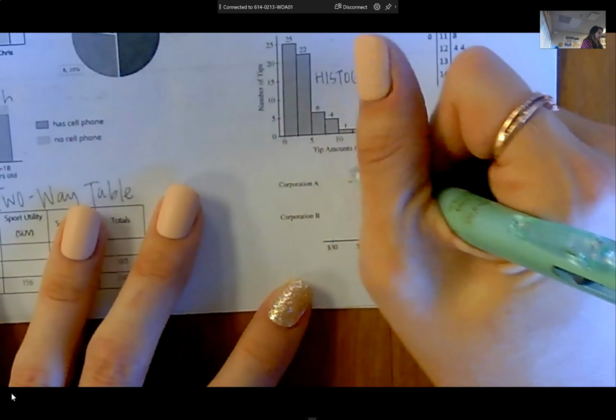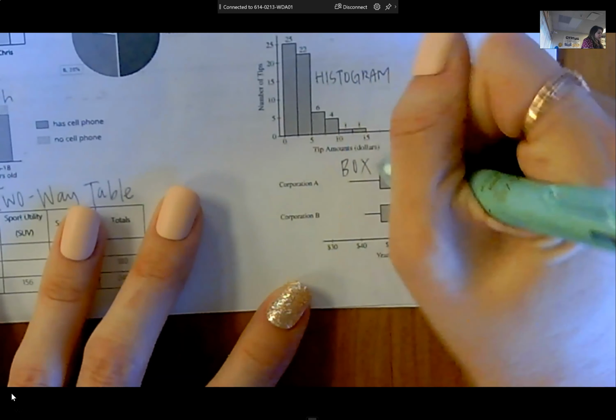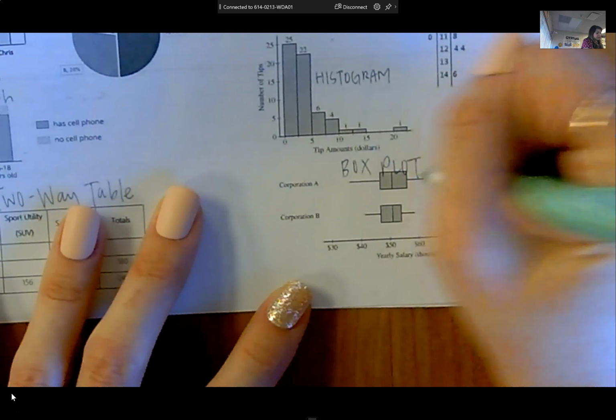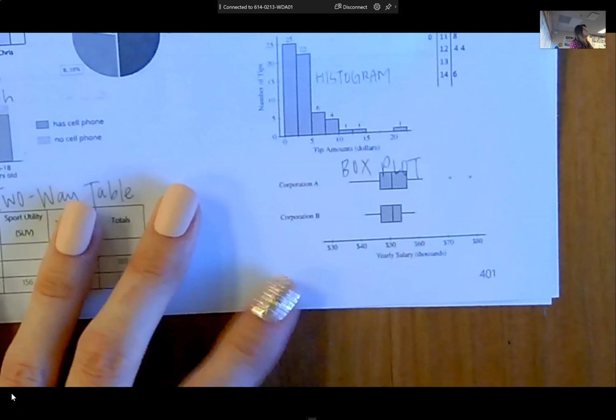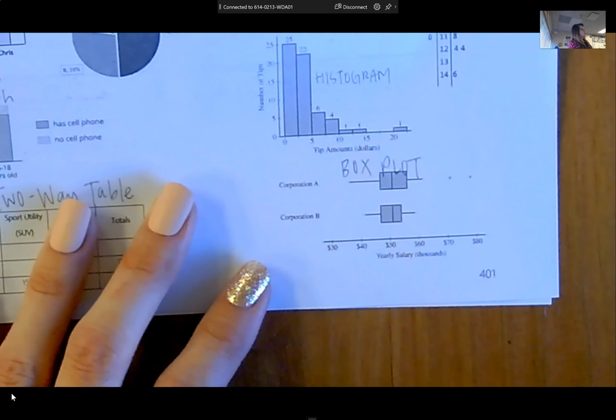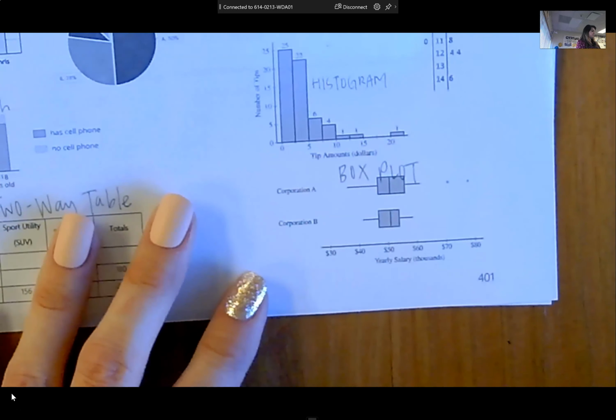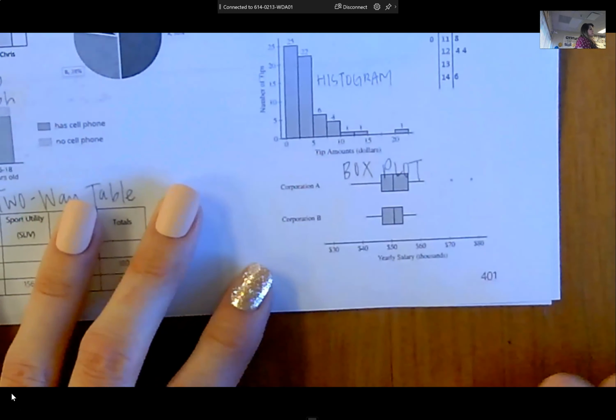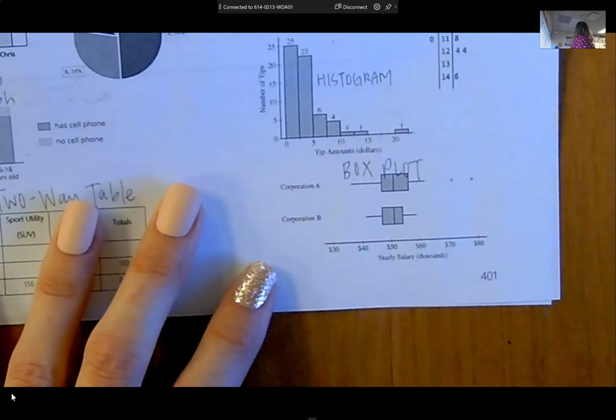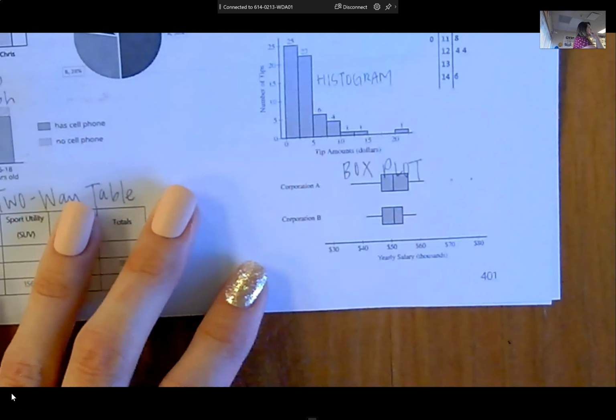This guy at the very bottom, when you were younger, he was probably called a box and whisker. We just call him a box plot. 2 types, one's words, one's numbers. We're focusing in this unit on the words only.